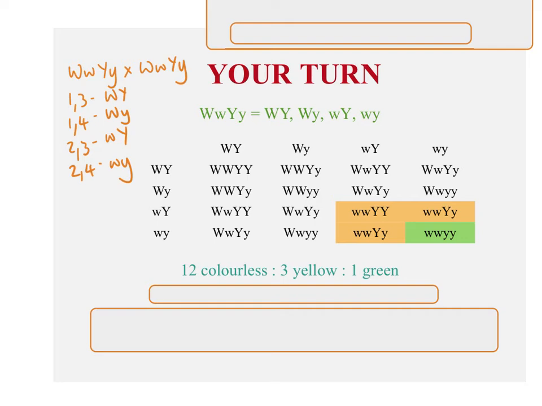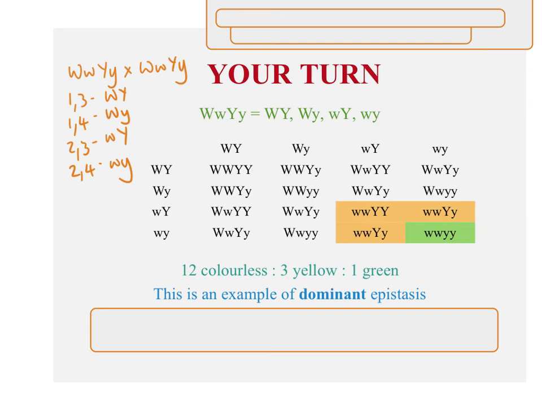Hopefully you spent some time going through and recognising that if there was a big W in any of those boxes, then they were going to be colourless or white. And this is an example of something called dominant epistasis. So we had a look previously at recessive epistasis, when the presence of two little b alleles stopped the mouse being coloured. It just stayed as an albino mouse.